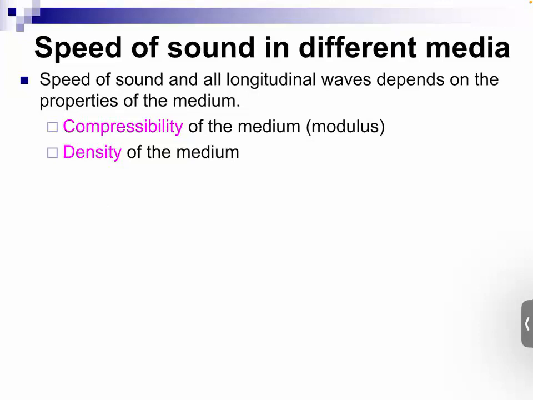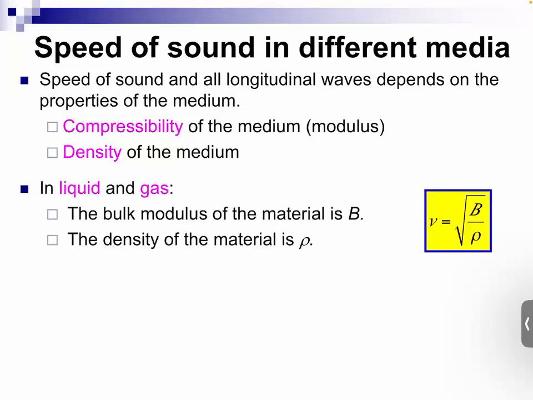If the sound wave propagates in liquids or in gas, the compressibility is defined by the bulk modulus B, and of course, density rho. So this Greek symbol rho, which we have encountered before, is the density, and therefore the speed of the sound wave through liquid or gas depends on the bulk modulus and the density.